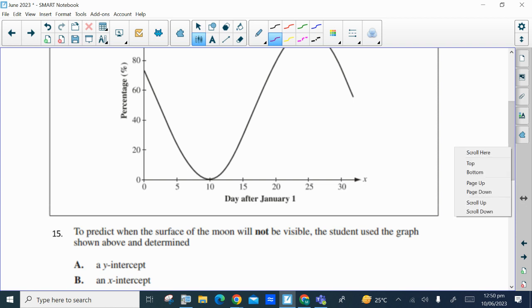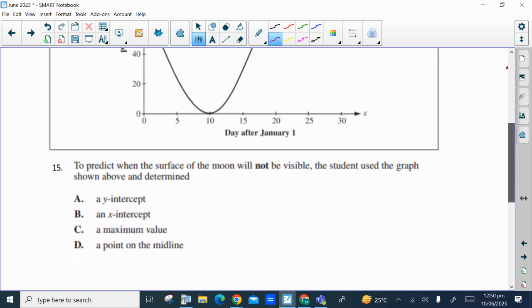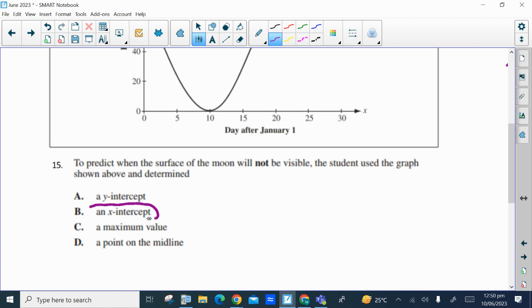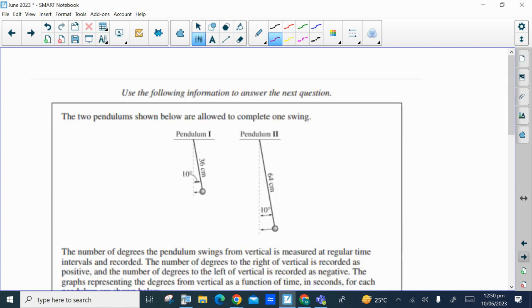When the surface of the moon is not visible, that means 0% is visible. So you're looking where y is 0. That's the x-intercept. And it doesn't ask you just for the value of that. It asks what characteristic are you looking for. So it is an x-intercept.